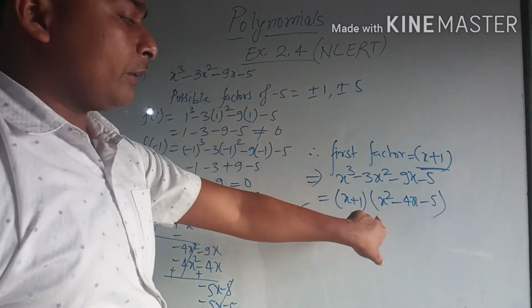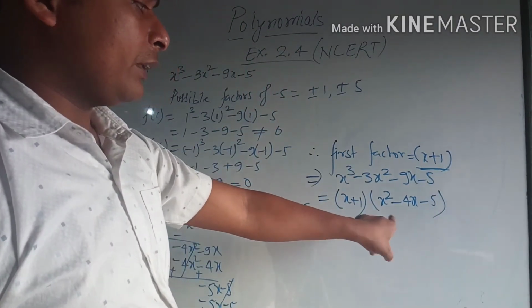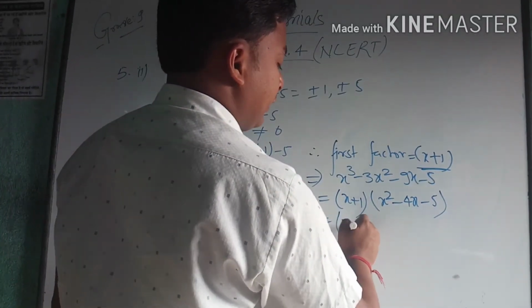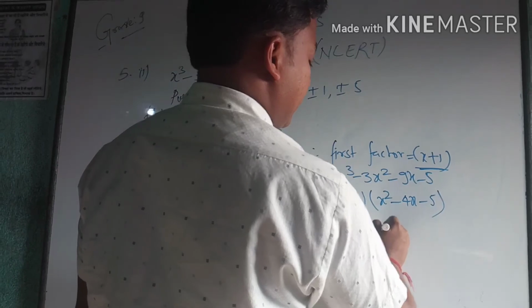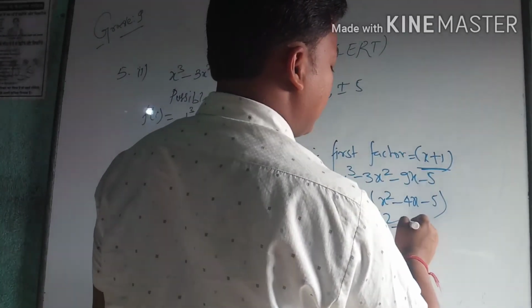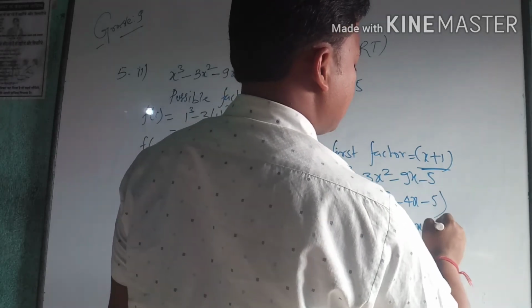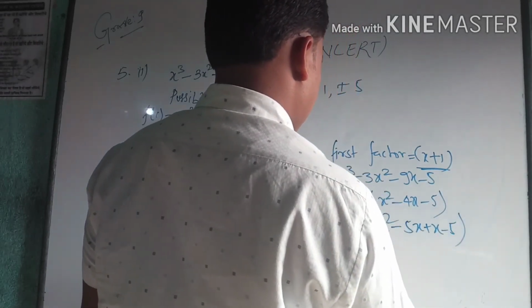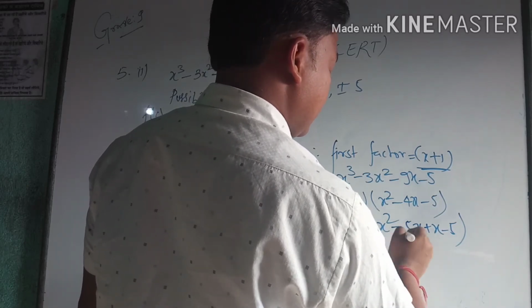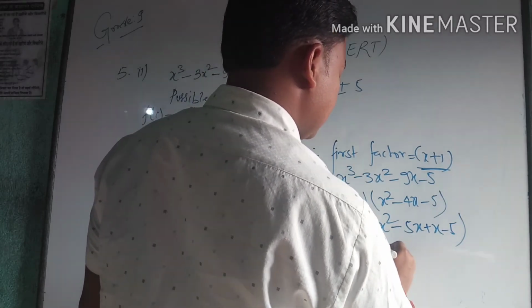Now we will factorize the second part, that is a quadratic equation, by splitting the middle term. The product of a and c is 5, so we will split with 5 only: 5x plus x minus 5.